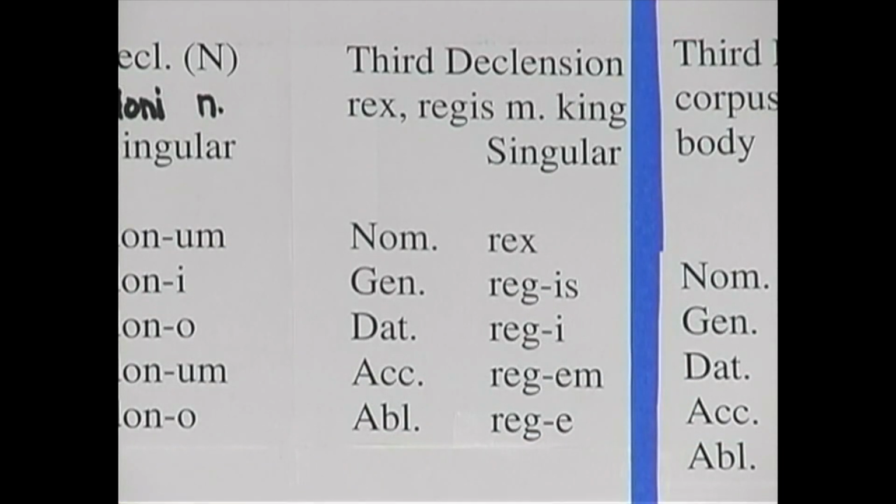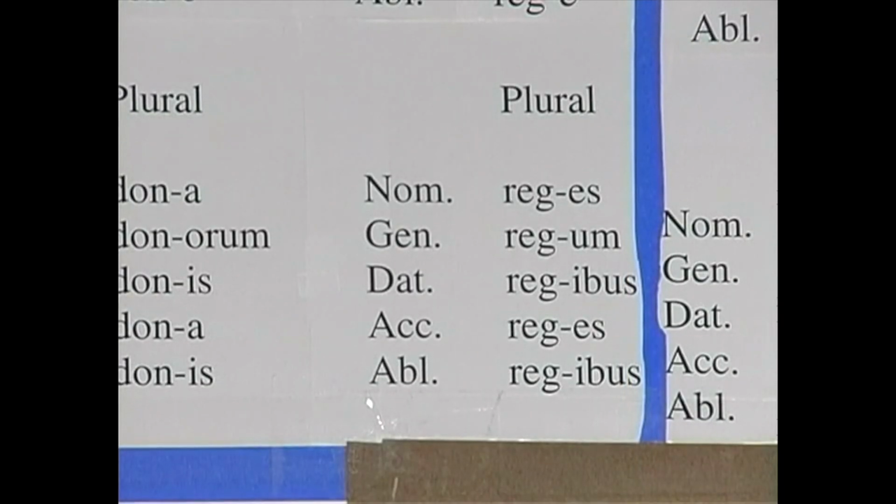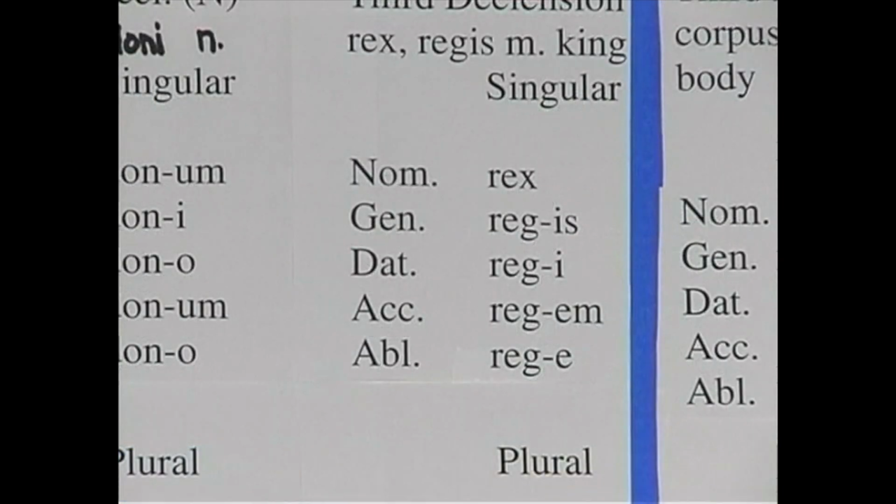To memorize simply the endings, I do it this way. Blank, is, i, em, e, es, um, ibus, es, ibus. I say blank for the nominative singular because the nominative singular varies. There's various spellings for the nominative singular. Rex, but it depends on the noun.